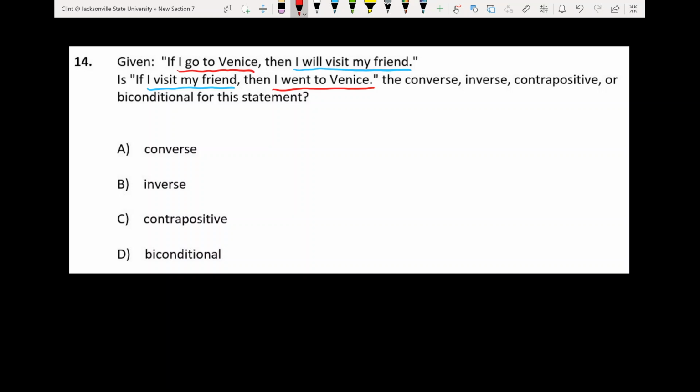So the way we figure out if it's converse, inverse, or contrapositive is we have to look at what's done to the parts. So there are three things that can happen. Okay, so the converse switches. So the part that was first goes last. The part that was last goes first.